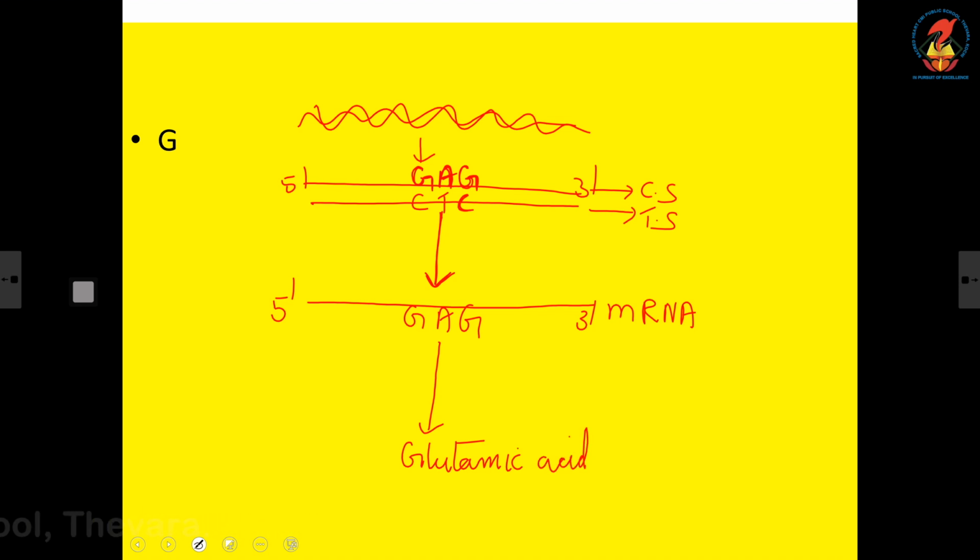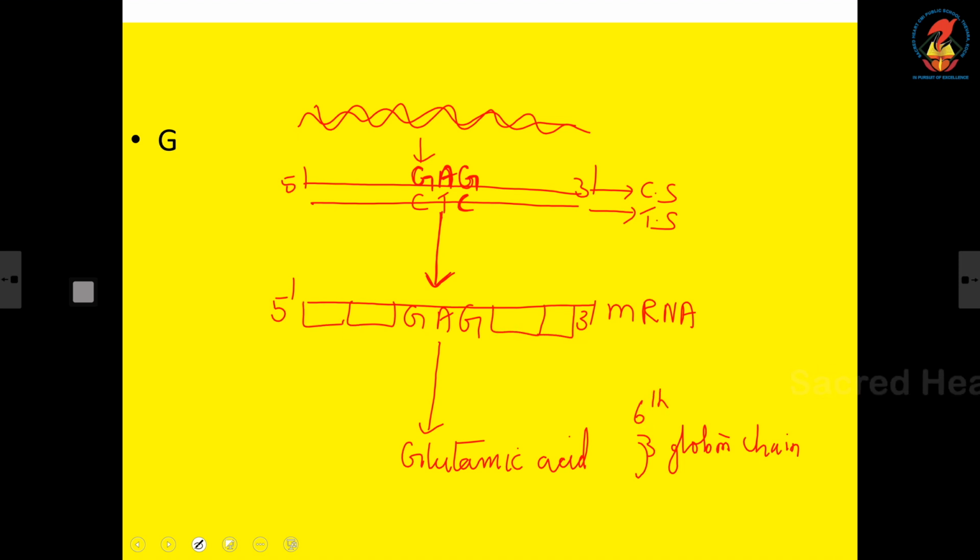So this is the normal beta globin chain. There are a number of codons here which are correct, but I am talking only of the 6th position. Here it is the 6th codon.